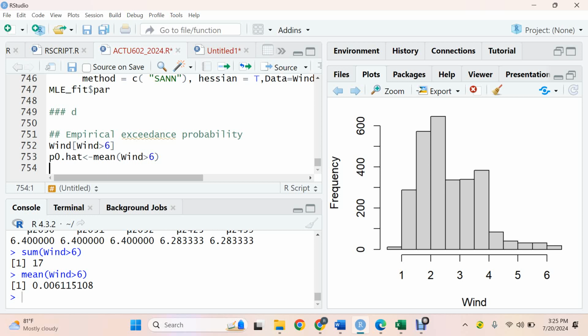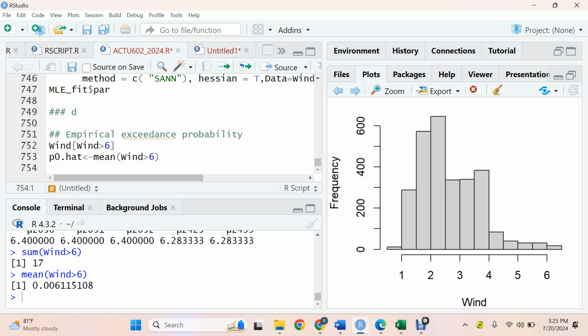What is your F here? You use a function to get it. You can write the function for the survivor and put in x equal to 6, and then the shape is what you got from your estimates.